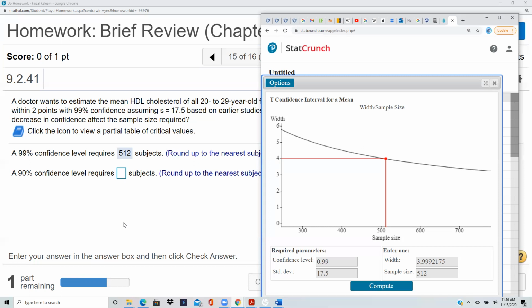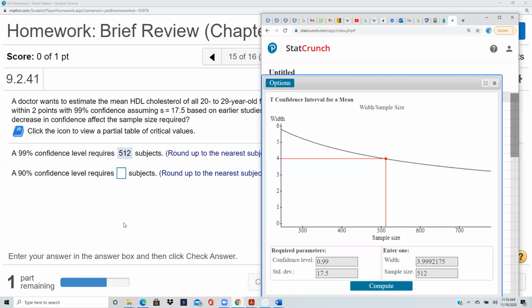What were your values? 99, and then 15.9, and the width would be 8, because 4 times 2. And then what did you get? A crazy number.